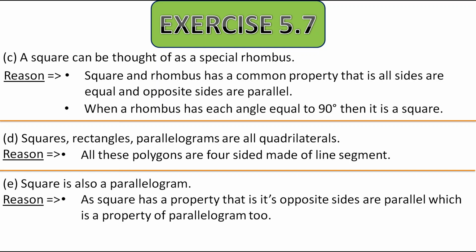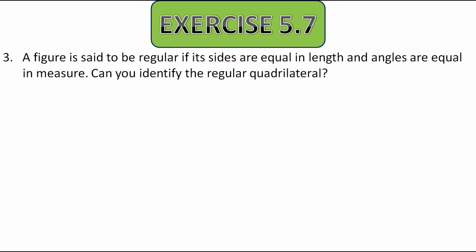Okay. Next, we have a question that a figure is said to be regular if its sides are equal in length and angles are equal in measure. Can you identify the regular quadrilateral? See here, what they are saying is that there is a figure which has all the sides equal and all the angles equal.